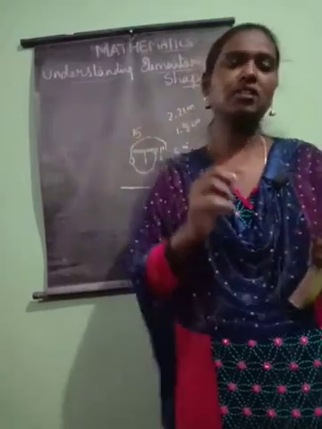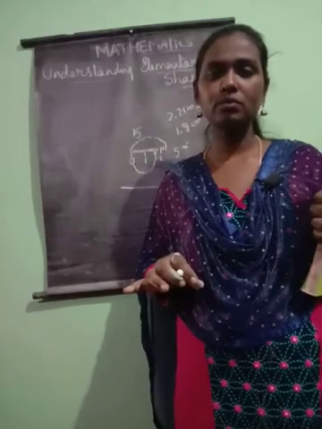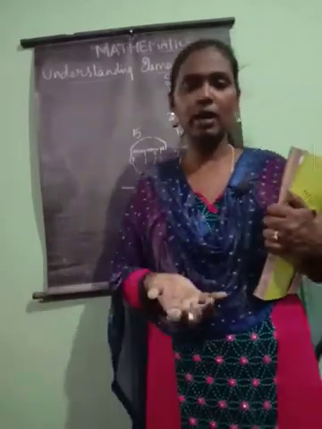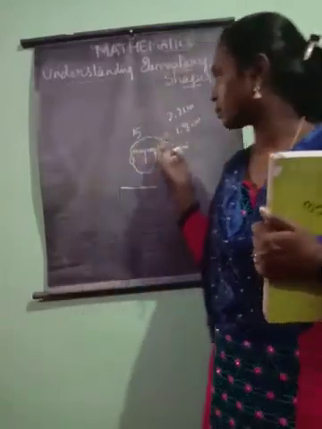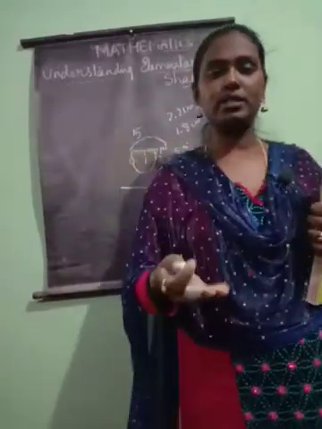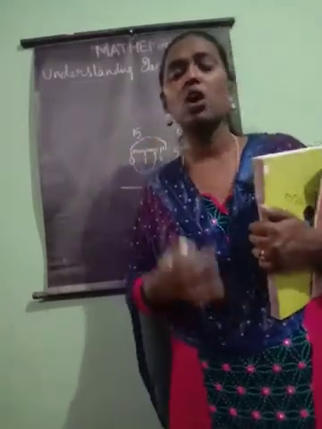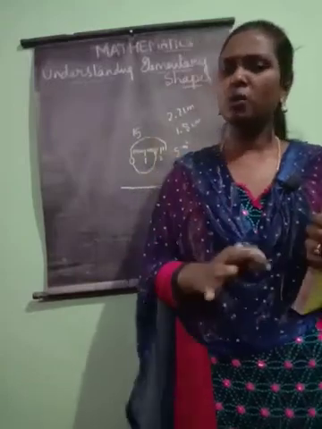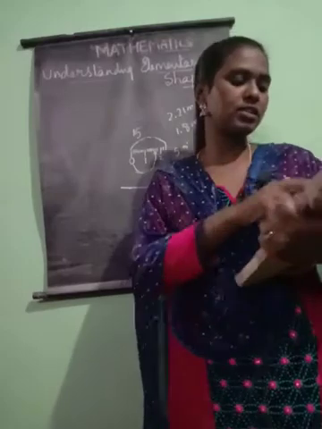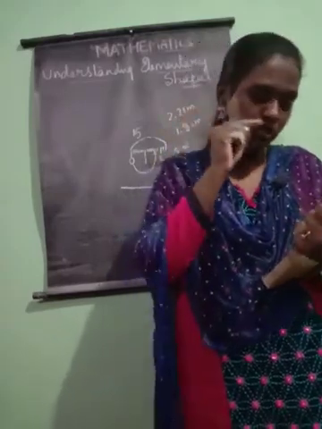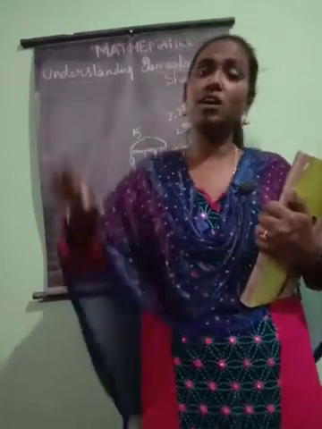Draw 10 different lines in your rough book, or ask your parents or neighbors to give you 10 measurements like 2.3 centimeters, 8.5 centimeters, 5.6 centimeters, 6.4 centimeters, and sit and draw yourself. Keep your ruler firm and draw, and check by yourself or ask others to check.